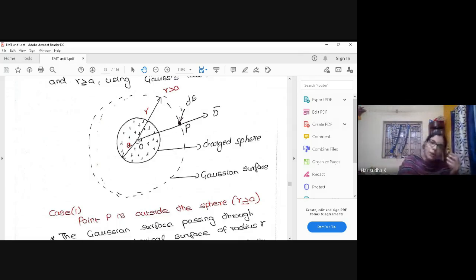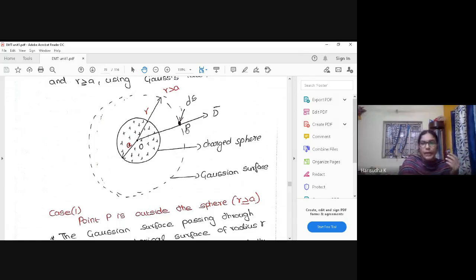Now, the radius for the inner sphere from the center is represented as small a. The radius for the outer sphere from the center is represented as small r. I'll repeat, the radius of the inner sphere from the center to the circumference of the sphere is represented by small a. The radius of the outer sphere is represented by small r.